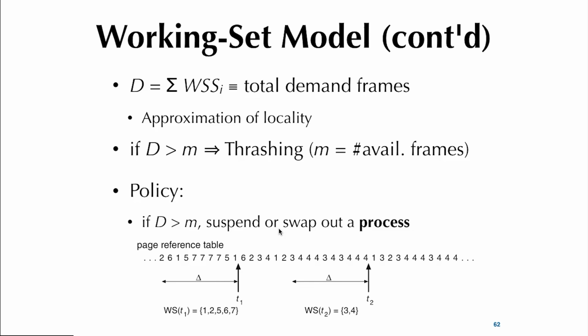So really, to resolve thrashing, what you can do is not increase your degree of multiprogramming. In fact, try to suspend certain ones. Process swapping is almost like resource preemption in deadlock resolution. Remember, one of the ways to do it, right?